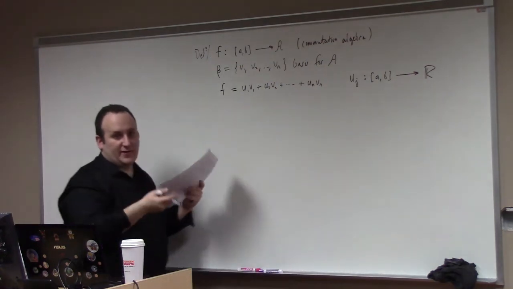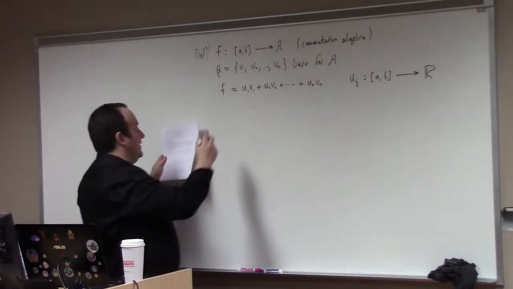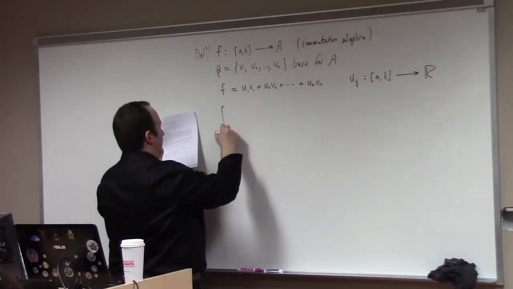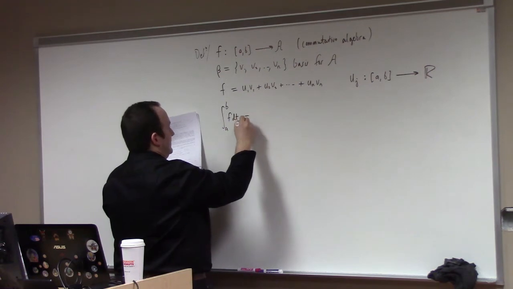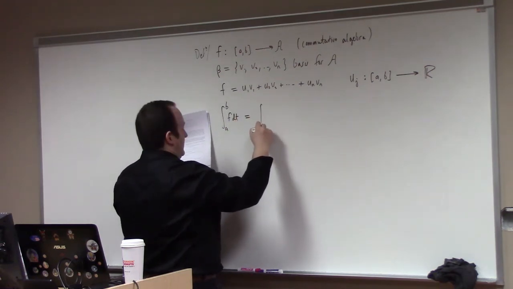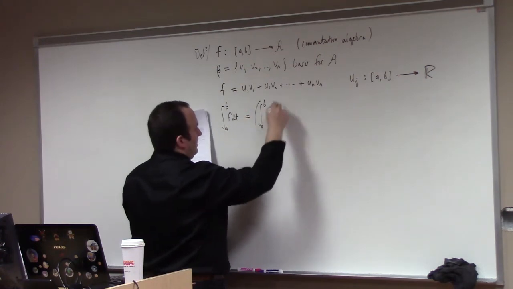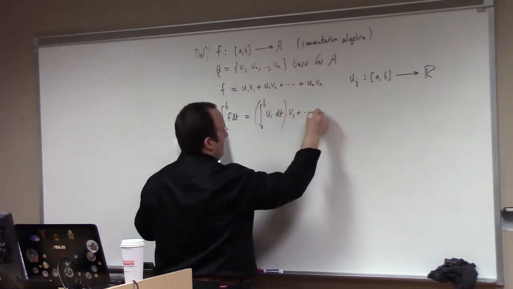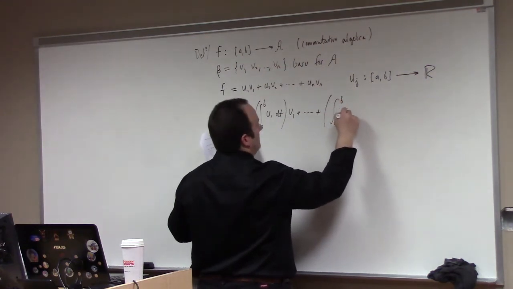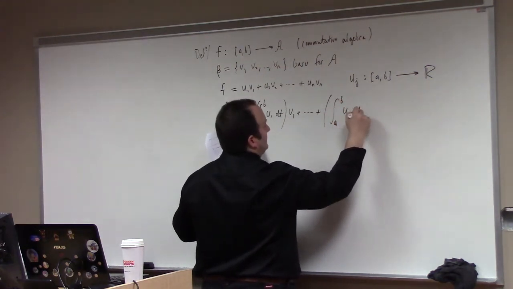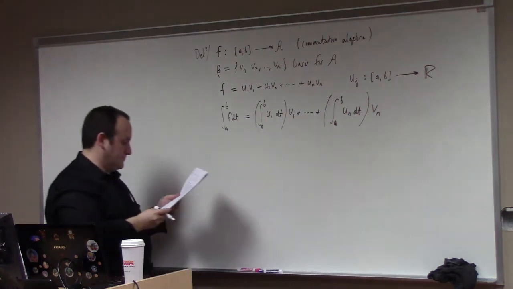So just garden variety, real valued functions of a real variable. And then the definition of the integral from a to b of f dt is just like we do in calculus 3. We just integrate component by component. Okay, so that's the starting gambit, so to speak.